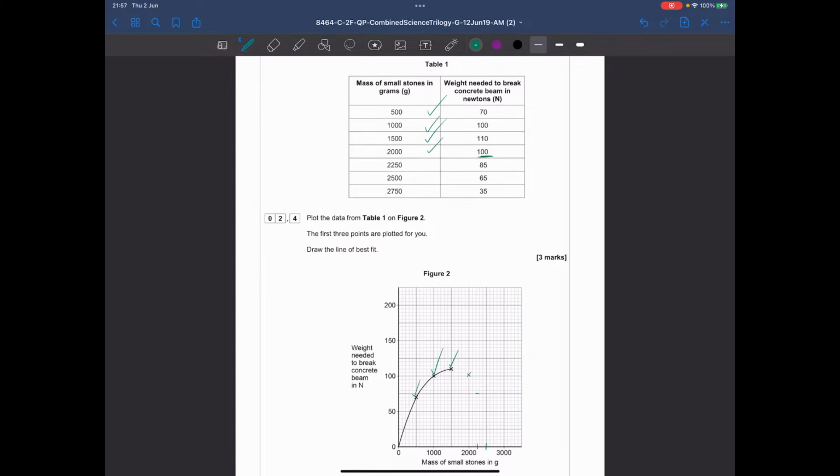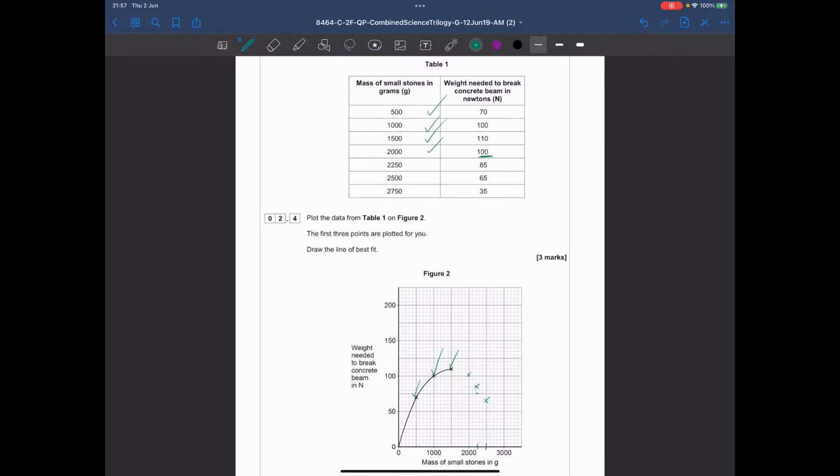So each little square is worth 5, and you would go up 2. So therefore, 85 would be placed there, 2 squares above 75. 2,500 would be 65, which would be 3 lots of 5, so 3 squares above 50.